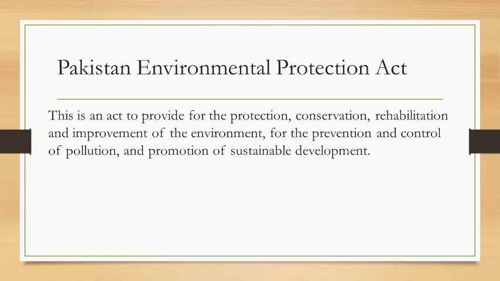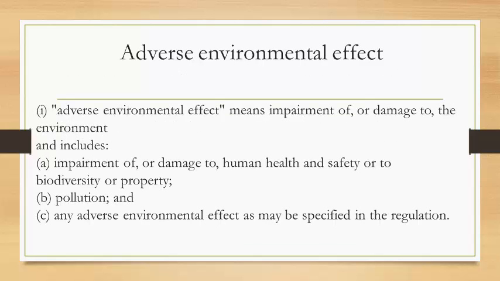In this act, unless there is anything repugnant in the subject or context, 1. Adverse environmental effect means impairment of, or damage to, the environment and includes a. Impairment of, or damage to, human health and safety or to biodiversity or property, b.